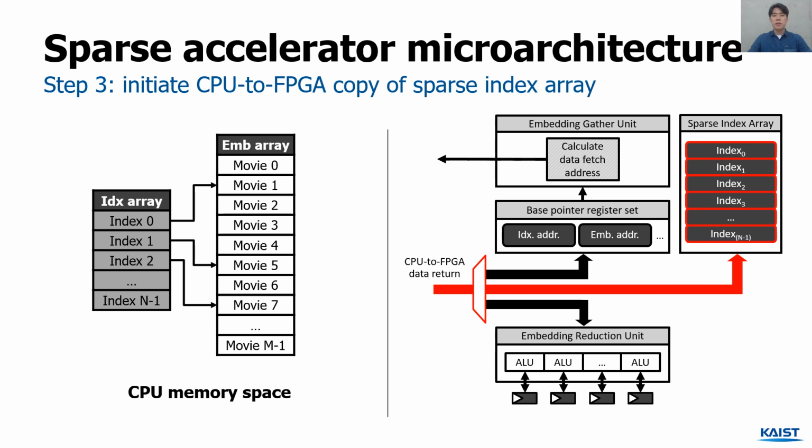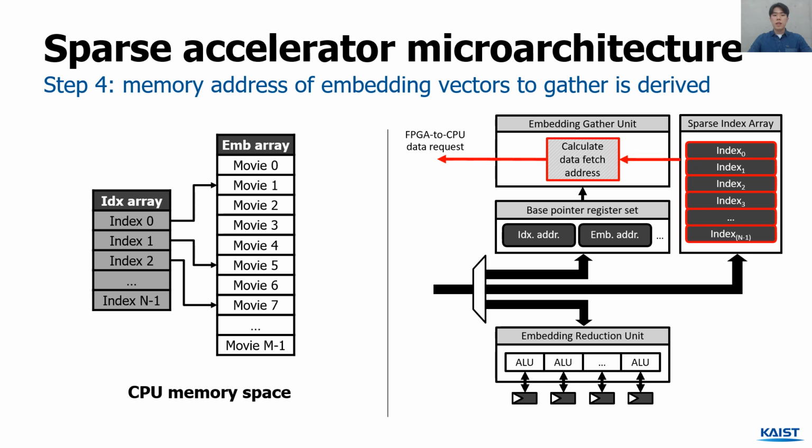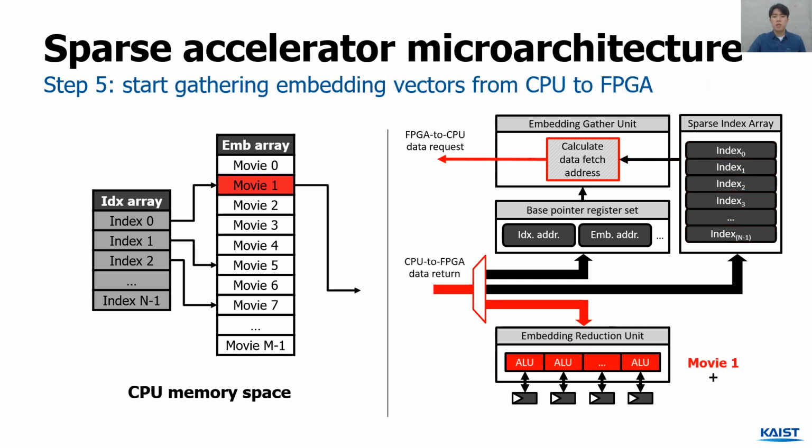Utilizing this information, the sparse accelerator starts copying the sparse indices from CPU memory to the FPGA-side SRAM buffer. Now that the index values are available, the gather unit drives the CPU memory address of embeddings to read, which we utilize to start streaming in the embedding vectors in a high-throughput manner.